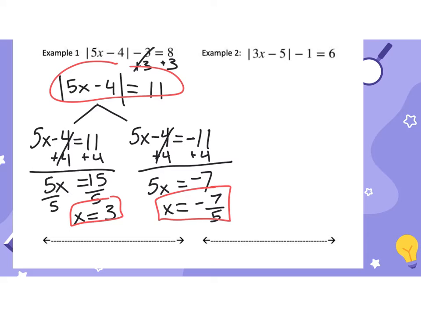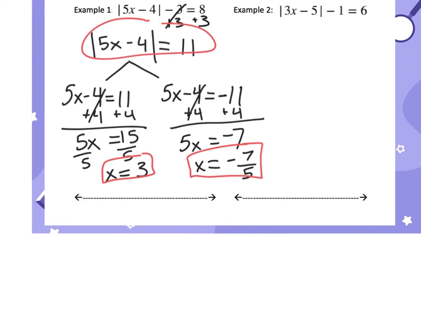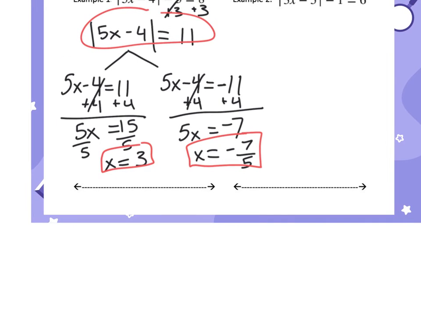So if I plug in 3, 5 times 3 minus 4, I end up with 11, right? Because 5 times 3 is 15 minus 4 is 11, so that one works. And then if I type in my calculator 5 times negative 7/5 minus 4, I end up with negative 7 minus 4, which is negative 11, but take the absolute value of it, it's positive 11. Okay, I'm good to go. Both these answers work. So I've checked them.